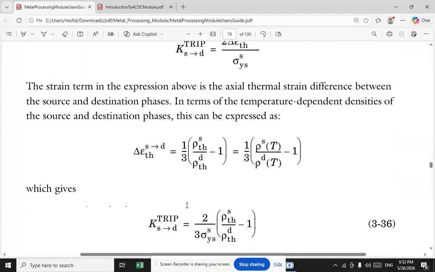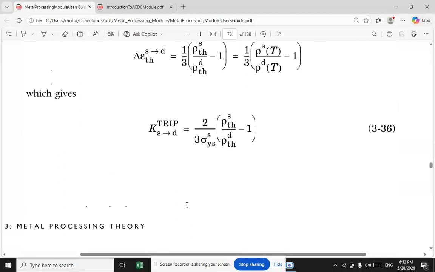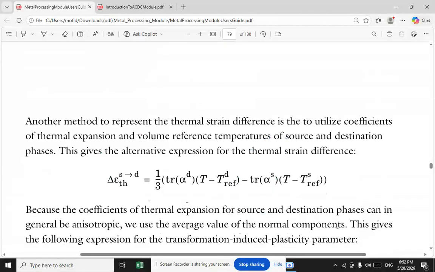This can be expressed as follows, which gives c_a^(s→d) to the power of trip equal to 2 divided by 3 multiplied by sigma_ys to the power of s, multiplied by rho to the power of s divided by rho to the power of d, minus 1.